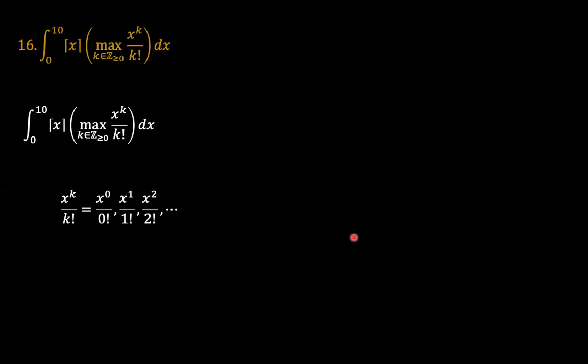So it takes a wide array of k values greater than or equal to 0. Now, a number to the power 0 is 1, and 0 factorial is also 1. So this initial value is 1. Then x to the power 1 over 1 factorial is x. x to the power 2 over 2 factorial is x squared over 2 factorial, and so on.